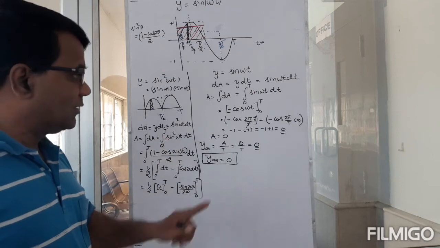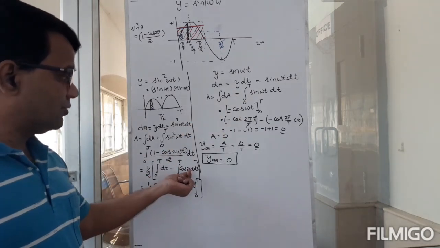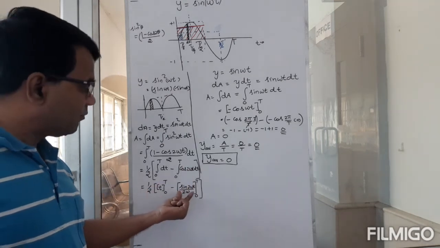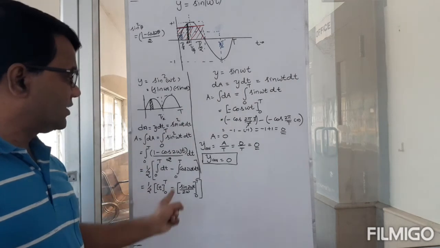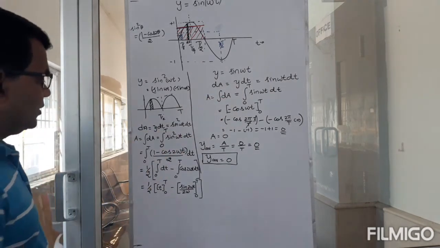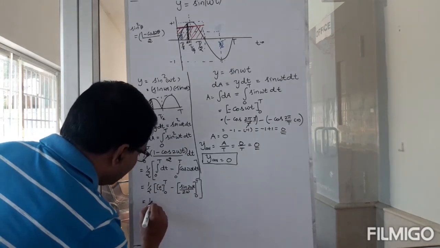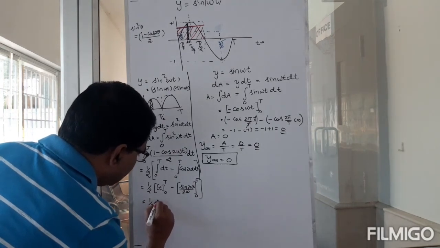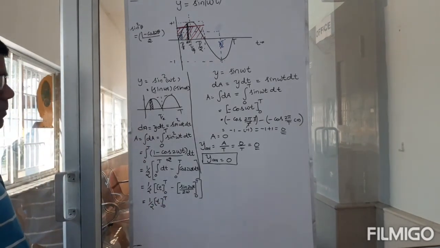That is why I said whether it is a sine function or a cos function, as we got here, the average value of it over one full cycle will be 0. We have seen both of them now. Okay, so this will be 0. So I am left with only this. So half, then t from 0 to T. So this is what I get.